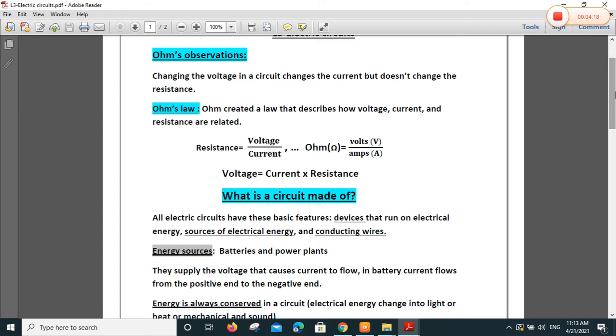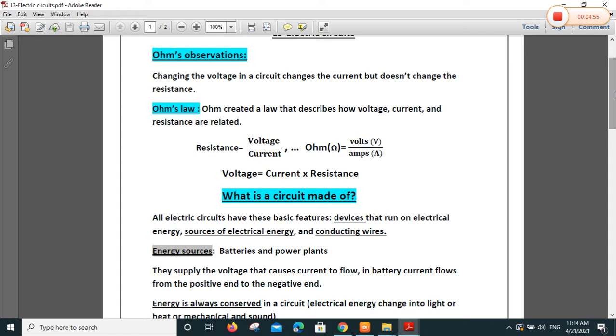Number two, a source of electrical energy, like a battery or cell, to supply the circuit with energy, with electric charges. Number three, conducting wire. We mentioned before the materials, conductors or insulators, because conductors allow electric charges to flow, due to the electrons held loosely in the atoms.